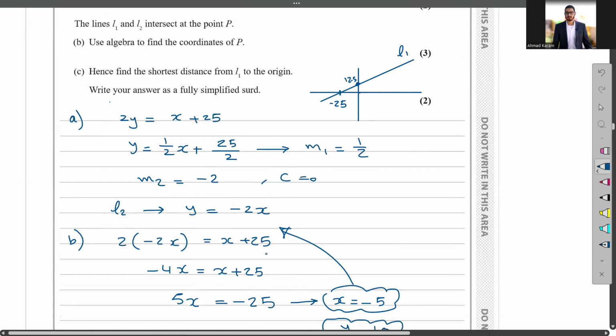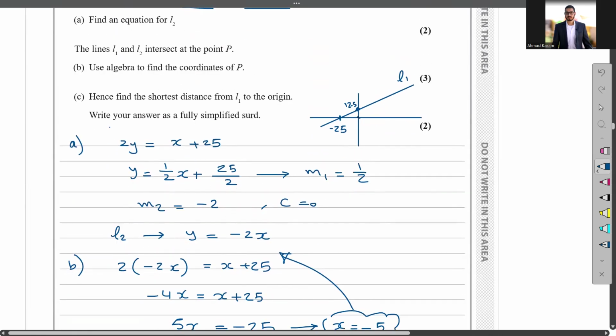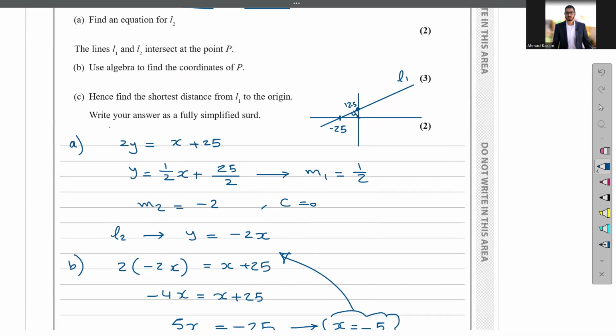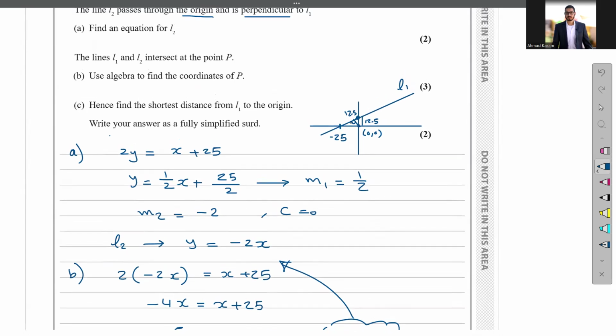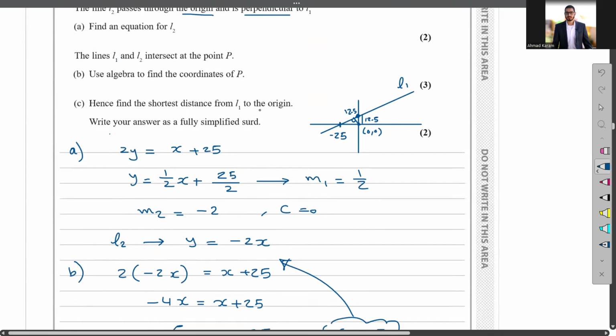So here we need to get the shortest distance from L1 to the origin. This is L1. The shortest distance is a perpendicular distance. Here is the perpendicular distance. Okay. And we know that this distance is 12.5, and here is 0 and 0, and 0 and 12.5. So how to get this distance?